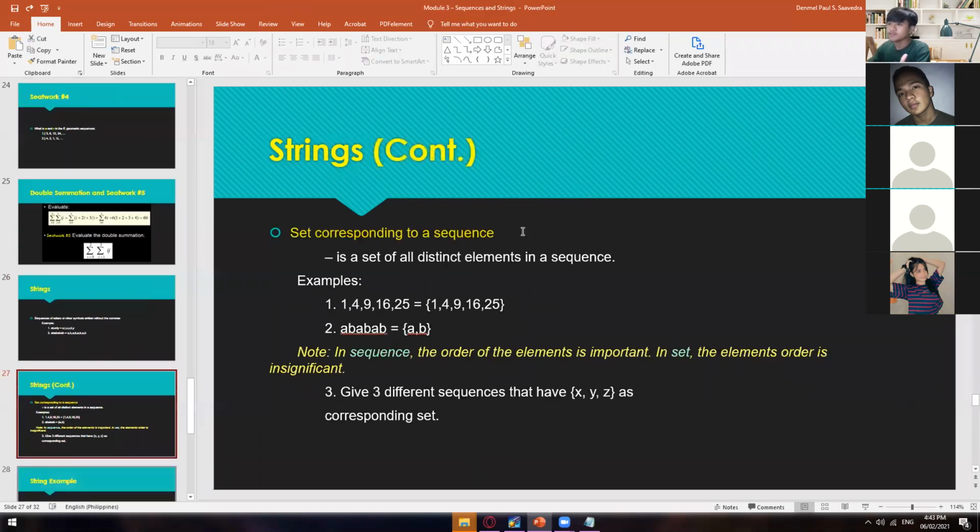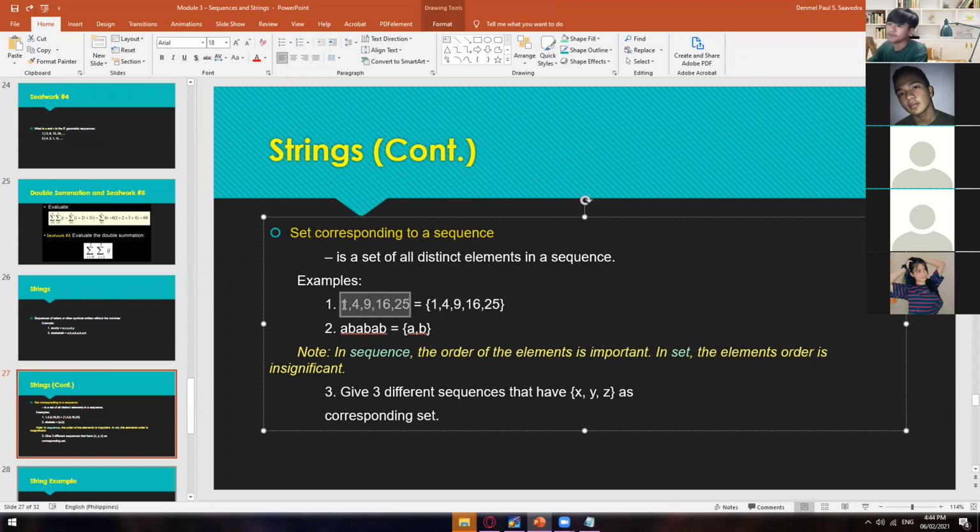All right. So a string here is a set corresponding to a sequence. Basically, it is a set of all distinct elements in a sequence. At the same time, in a string we follow the sequence, or the proper arrangement. So we have here the set, we have here the sequence, and if you're going to add one more, which is for the string, then just remove the comma.